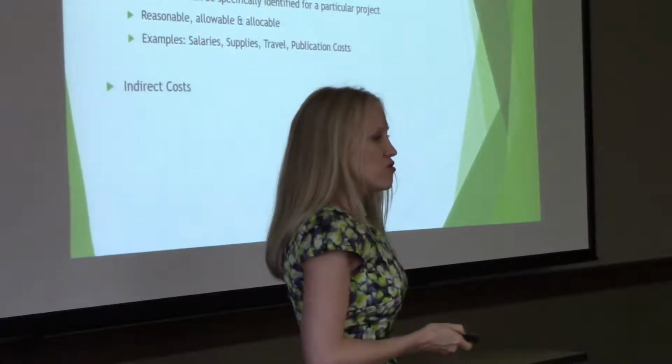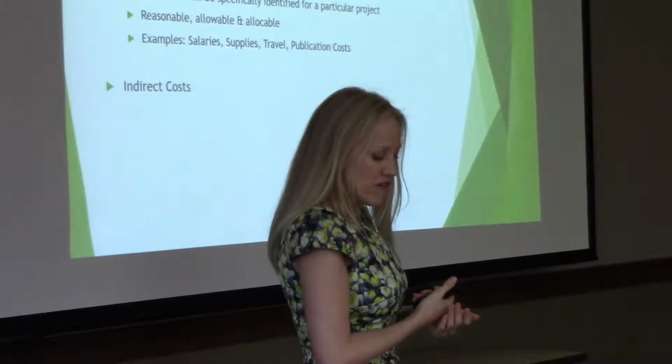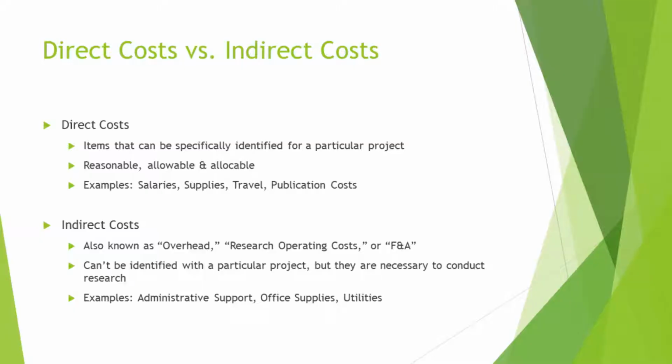Okay. The other category is indirect costs, everyone's favorite thing. Those are also known as overhead. We call it F&A here, which stands for facilities and administrative costs. And it's just the research operating costs. You can't parse those out.